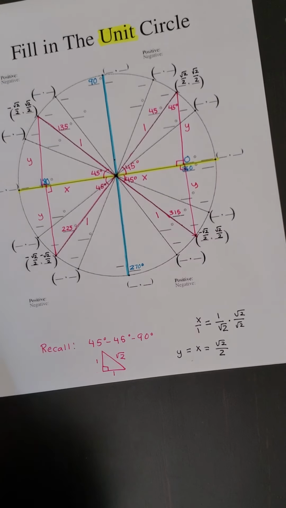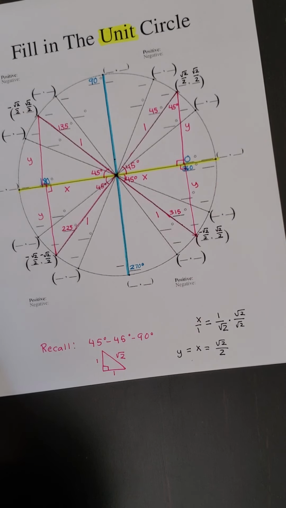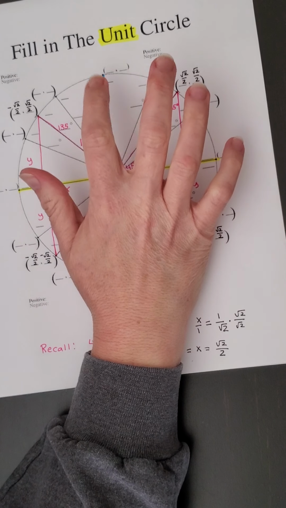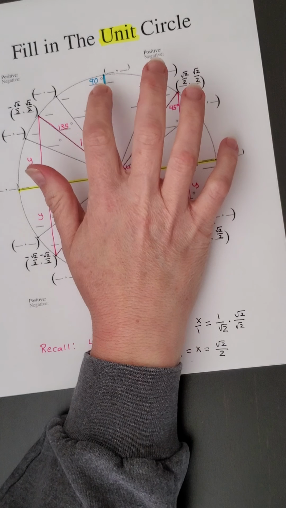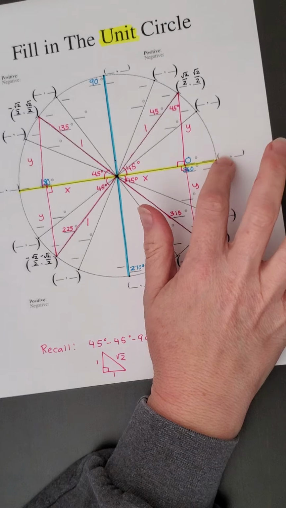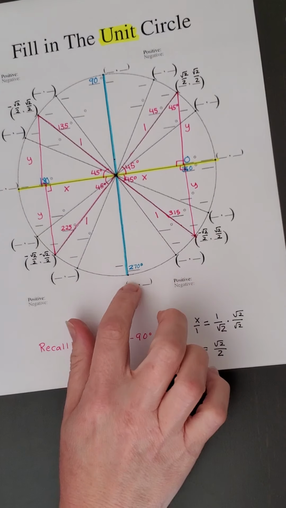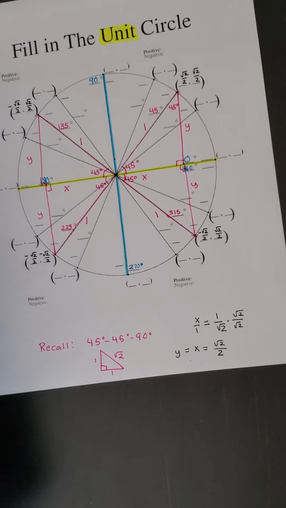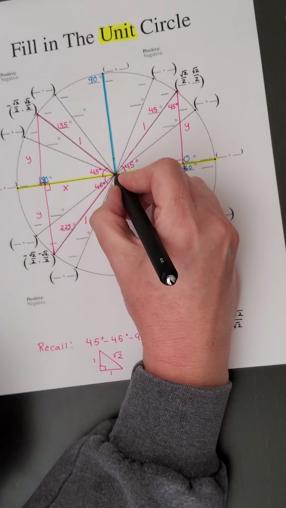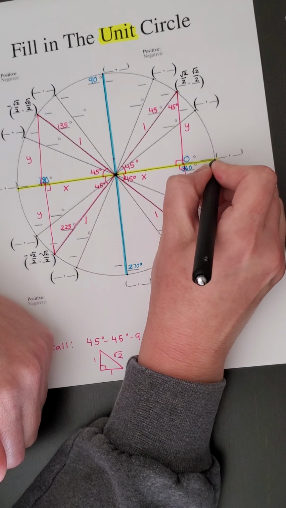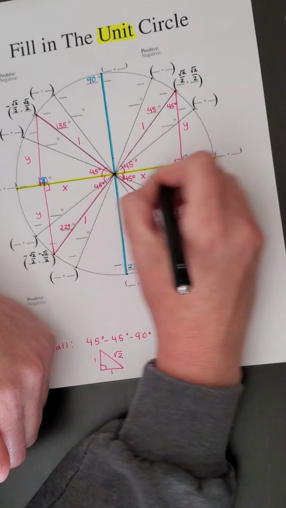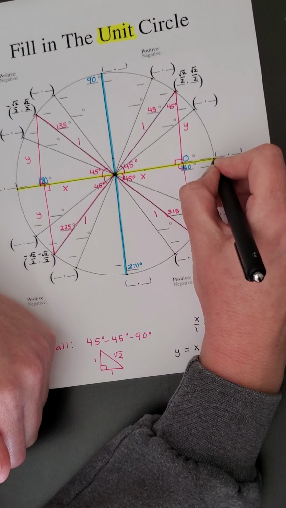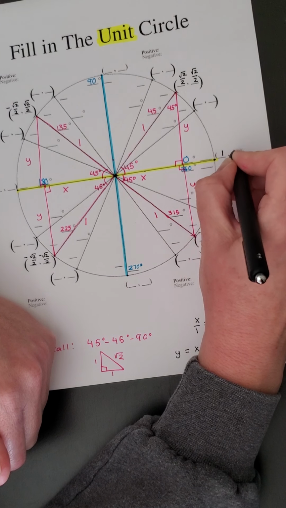All right, so now we've talked about 45 degree angles. We're going to talk about this coordinate right here, this coordinate right here, this coordinate right here, and this one right here. So we said it's a unit circle. That means that the radius from here to here is 1 unit. That means that this point would be the point 1, 0.